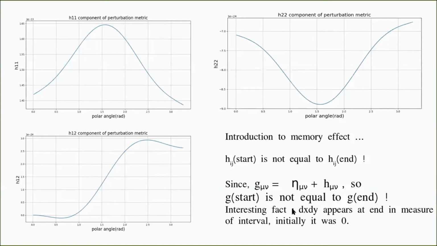And again, the interesting fact that dx dy appears at the end is because the h12 component is not equal in the measure of interval, which was initially 0. So think, if there is some g mu nu equal to something like dx square plus dy square, then after that it becomes dx square plus dy square plus some dx dy, which refers to a rotation of the measured coordinates.